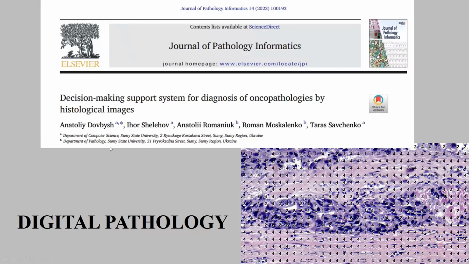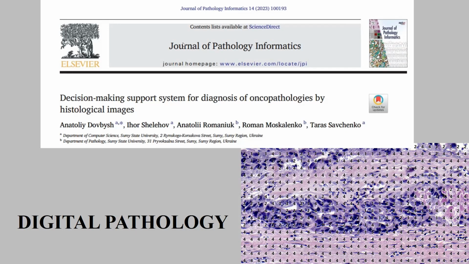An example is a project with the computer science department of our university, we also work on a project for an automated diagnostic program for breast cancer and prostate gland.